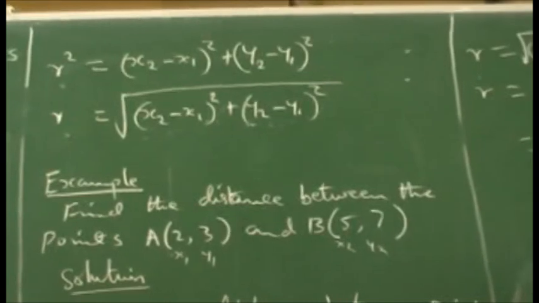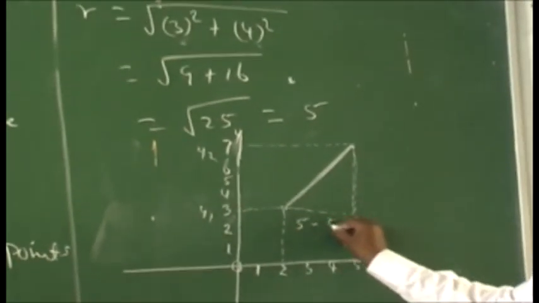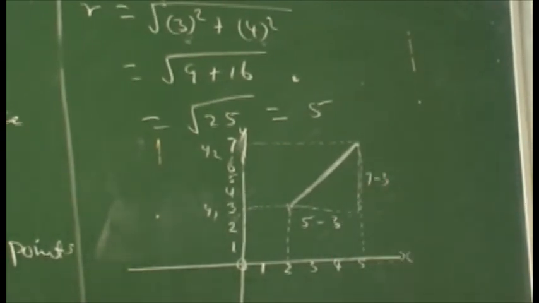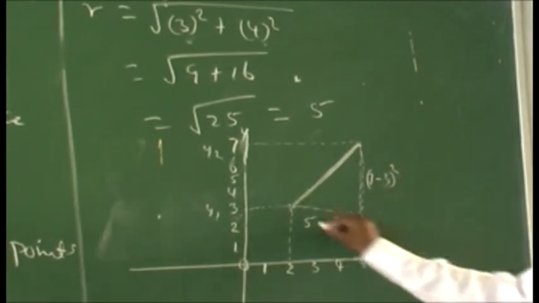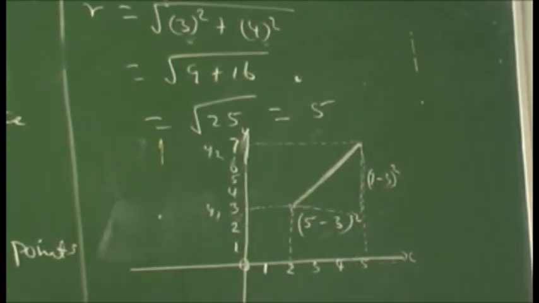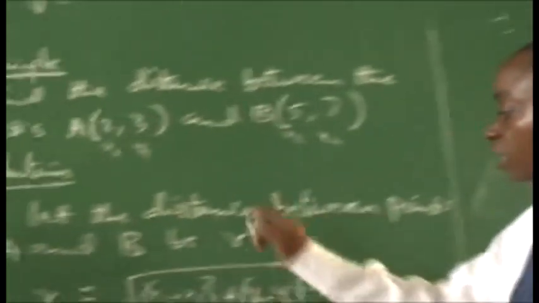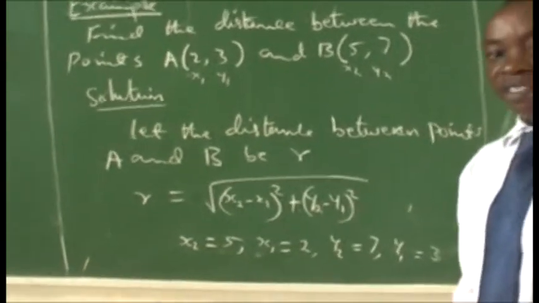So we can now get the distance, which uses 5 minus 2 and 7 minus 3. Then by Pythagoras theorem, we can square and get the distance. So the distance between 2 points is given by this formula. It's very simple to understand.